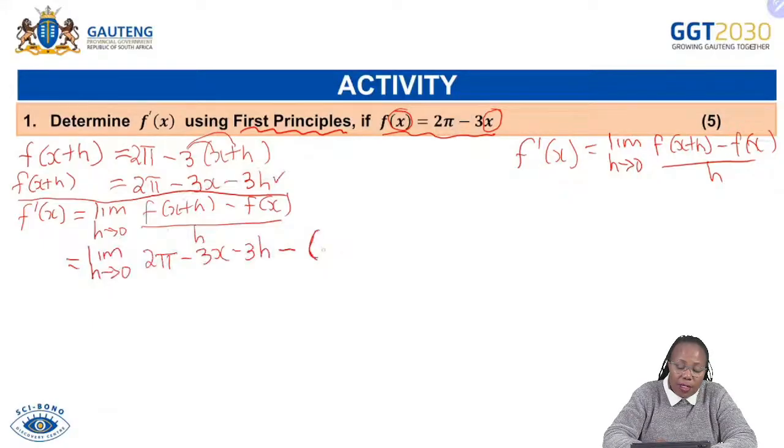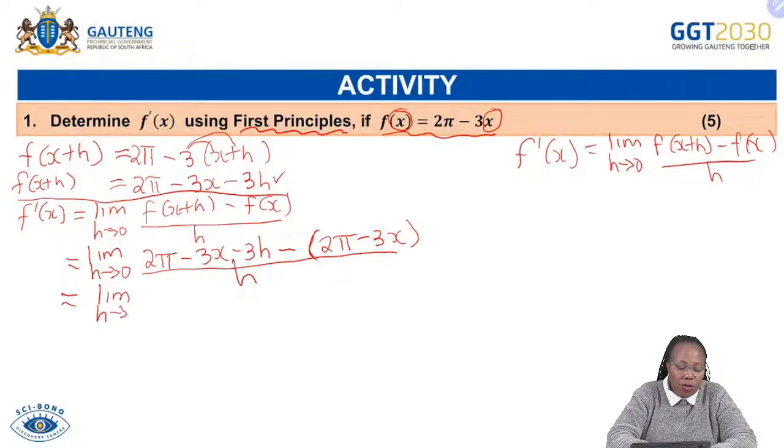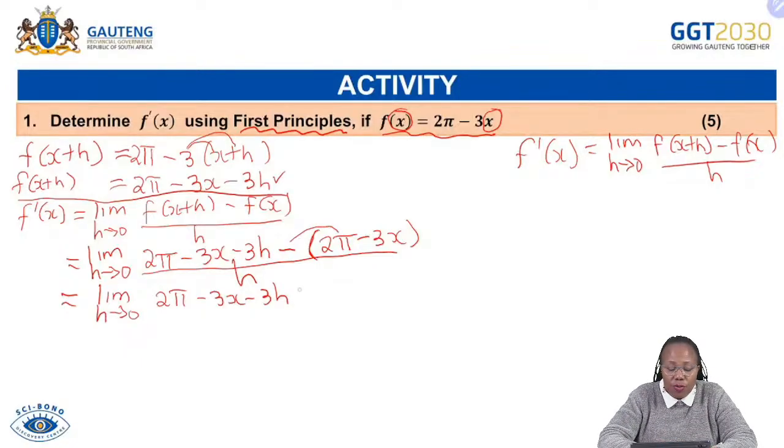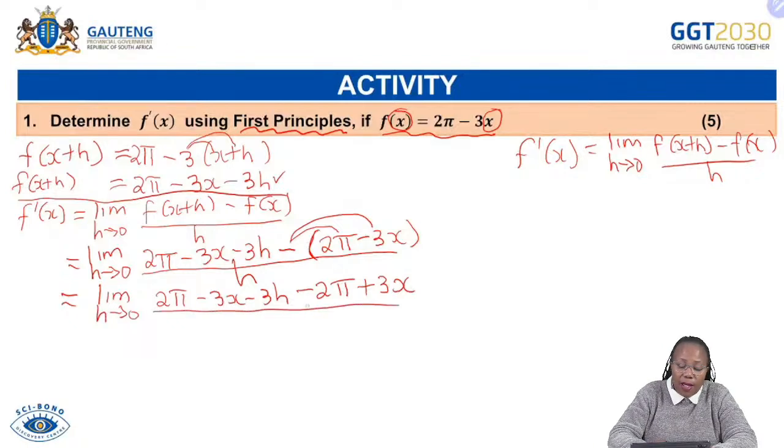Negative, important bracket, that is 2 pi minus 3x. And then all over h. Simplify the bracket, limit of h approaching 0, the 2 pi minus 3x minus 3h, we are bringing it down as it is, and then the minus into 2 pi is minus 2 pi, minus negative 3x, that is positive 3x, all over h.